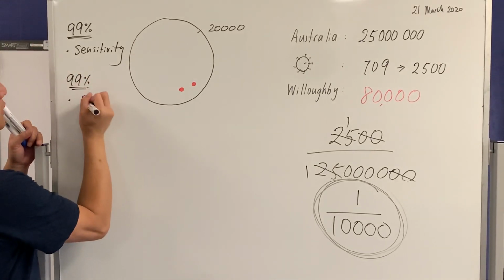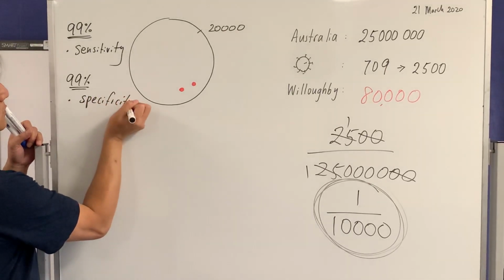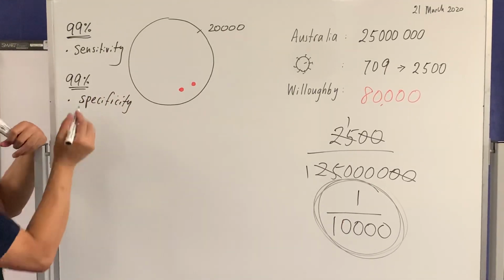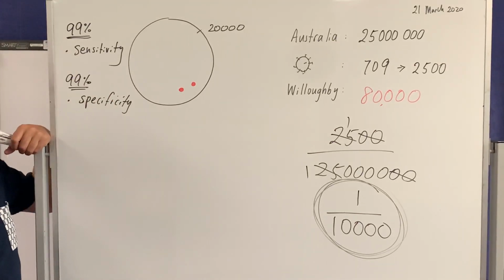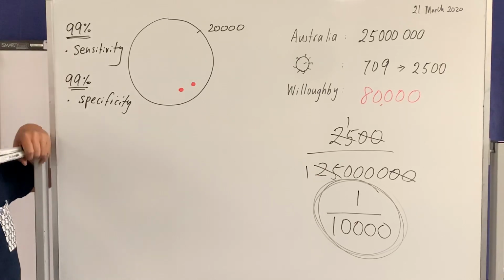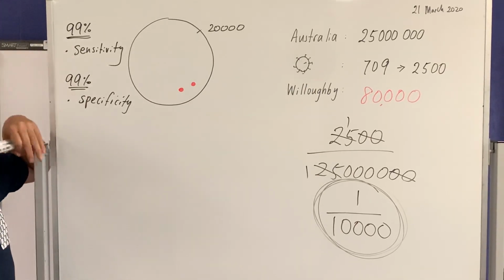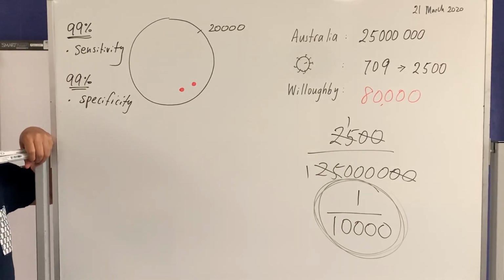Now I'm going to give 99% specificity for this test. Means if we test 100 people who do not have coronavirus, 99% of people will receive negative, means you don't have coronavirus, but one person will get the test result as positive, saying you have coronavirus.